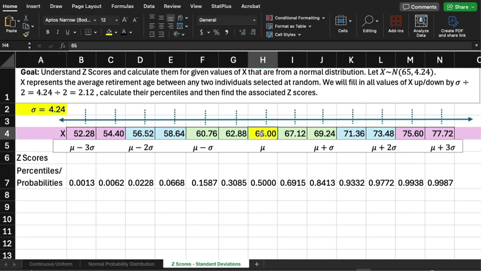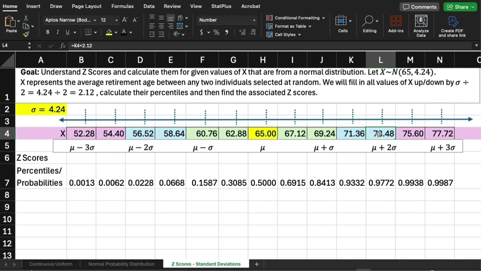So again, if you didn't see my previous video showing where these numbers came from, you might want to take a look at that. That explains where we got the 67.12, the 69.24, 71.36, and so on.